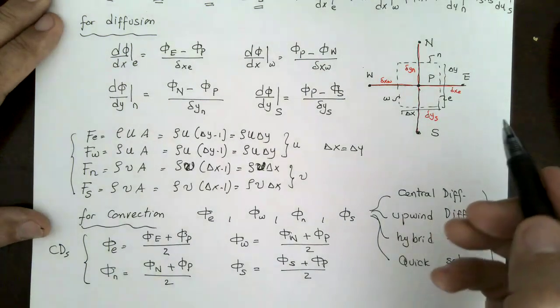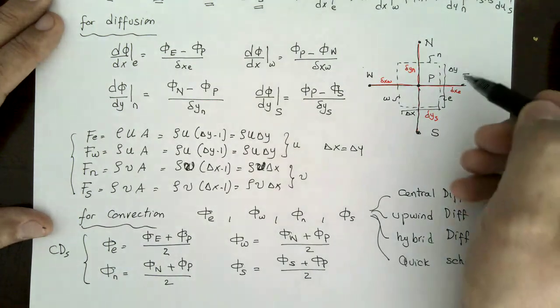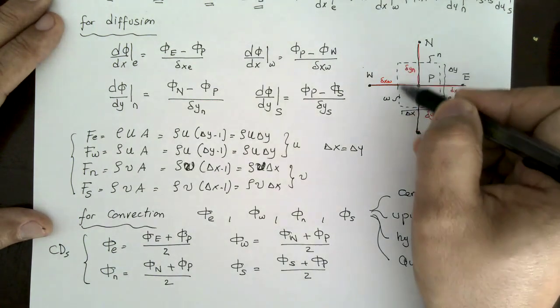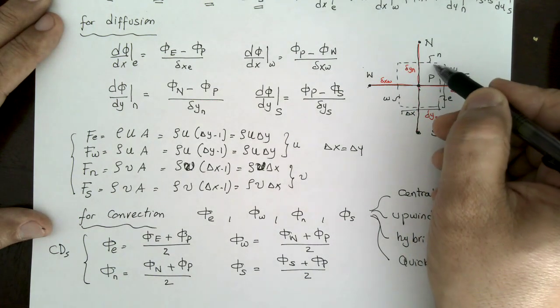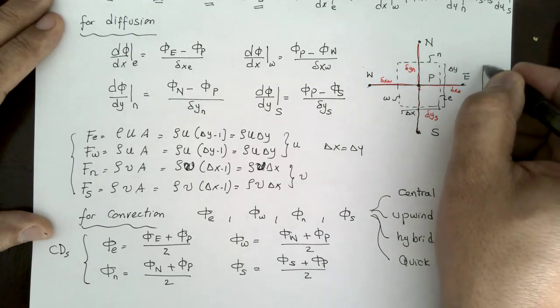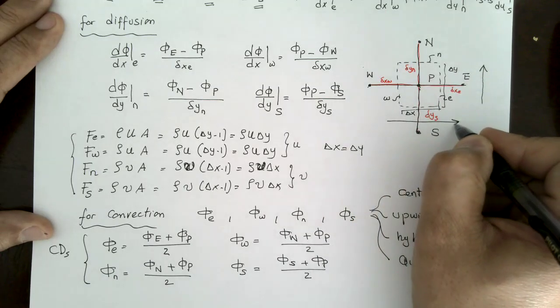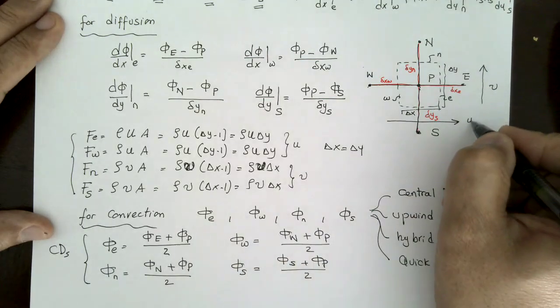Let's assume that we are dealing with the upwind scheme. For example, phi east will be phi P, phi west will be phi W, phi north will be phi P, because the flow is going this way, that's v, and the flow is going this way, that's u.